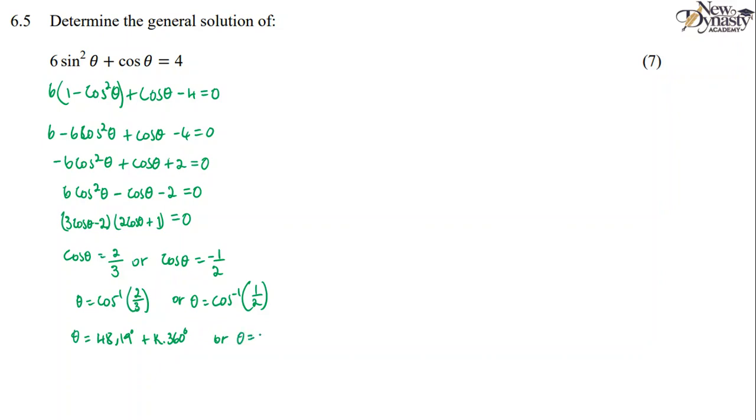The theta is going to be equal to, since cos is positive, 360 minus the reference angle, that is 311.81 plus k times 360. So those are the solutions for the first one. The solutions for the second one, allow me to use a different color here.